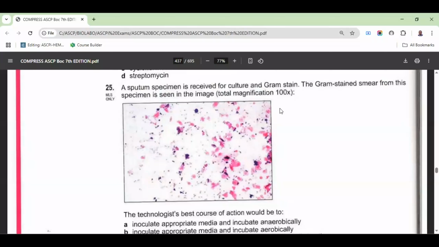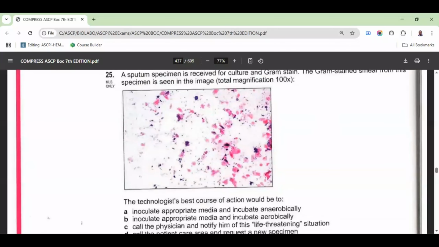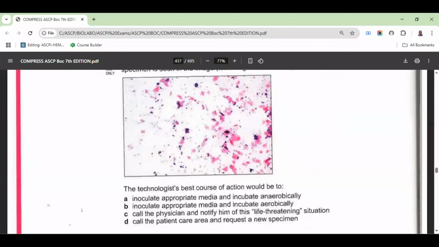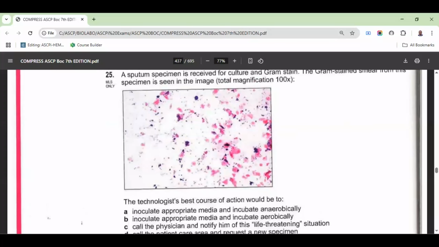The total magnification is 100, which means the objective used is 10. It is a low power field. Isn't it?